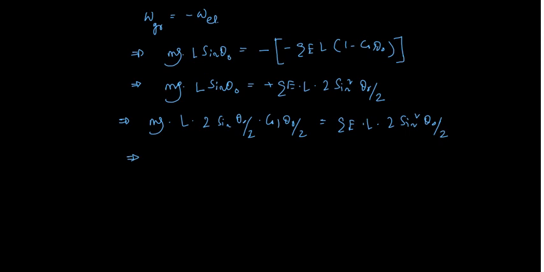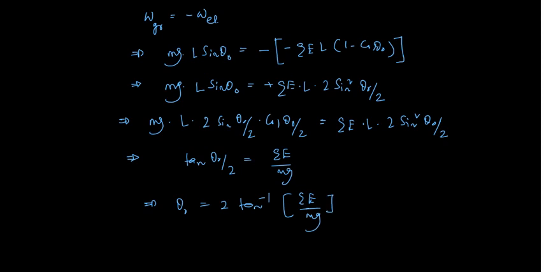Ultimately everything will cancel, so we will get tan theta naught by 2 is equal to QE by mg, and theta naught will be equal to 2 tan inverse of QE by mg. So that will be the ultimate answer.